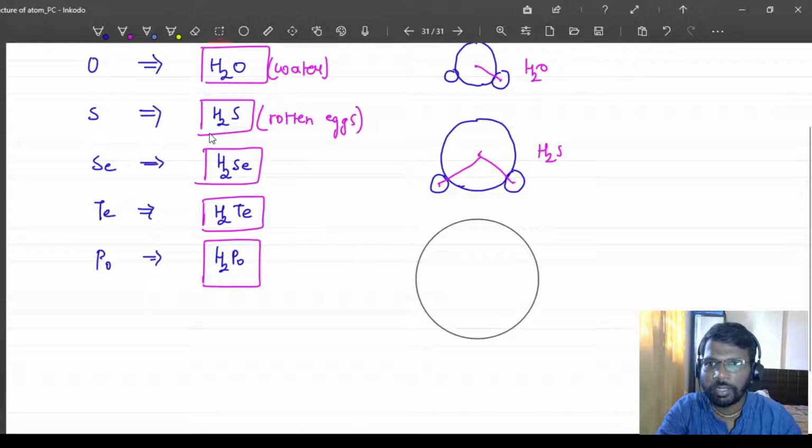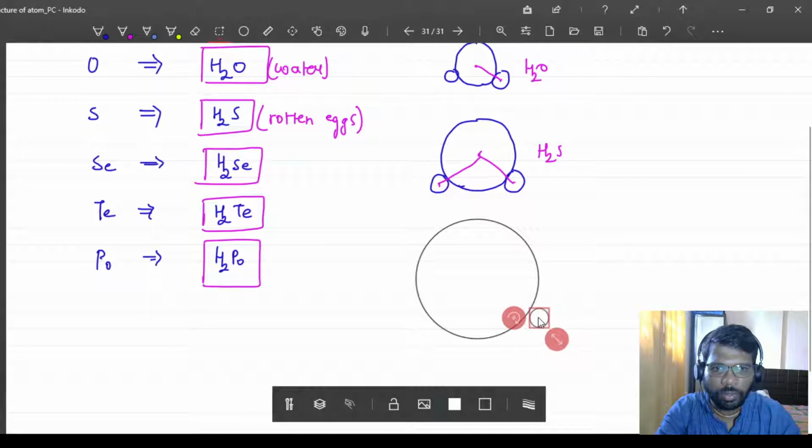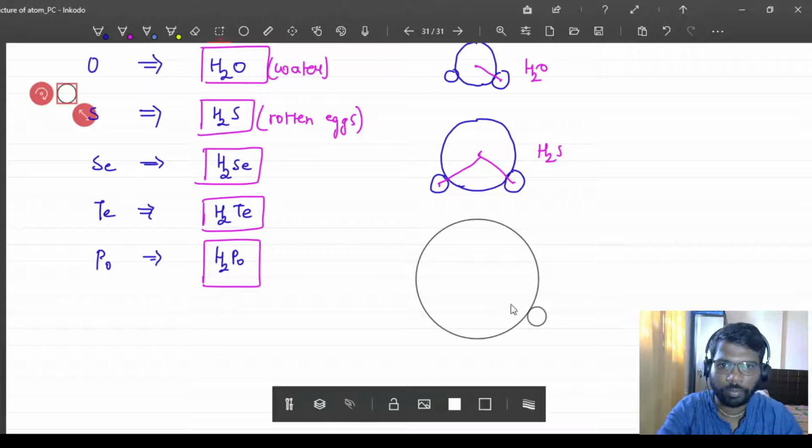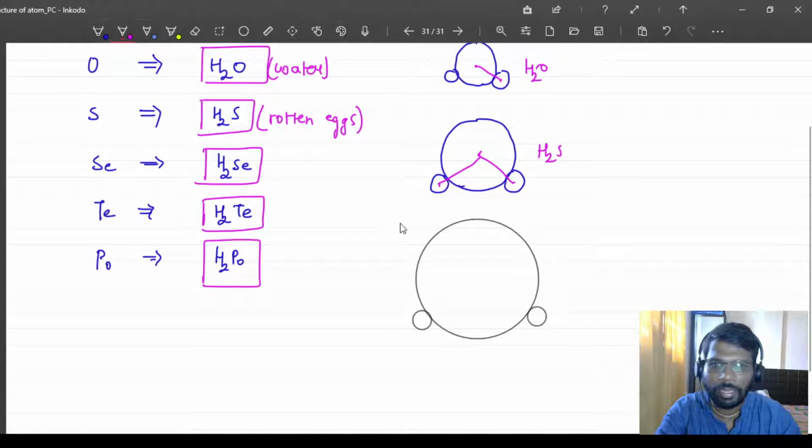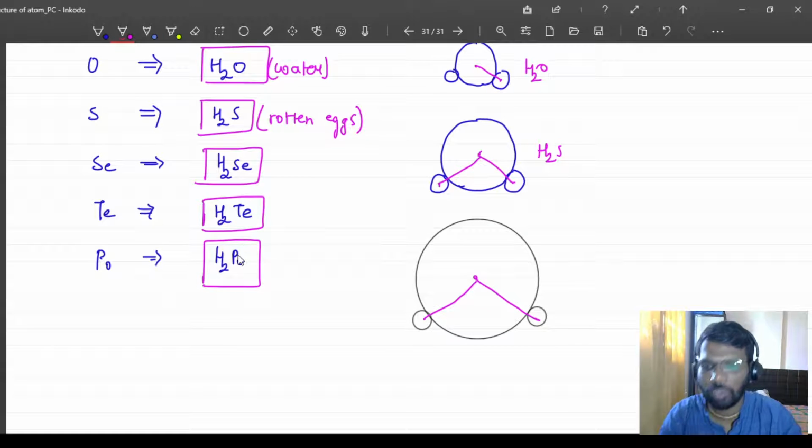Yeah, this is the selenium atom, and the hydrogen connected to it will be of this sort. It is still smaller. Now the bond length will be from here to here. Now these bond lengths will be maximum in the case of polonium hydride.